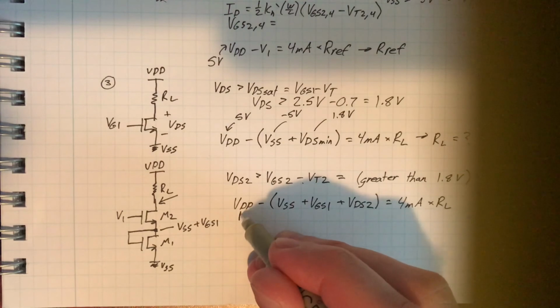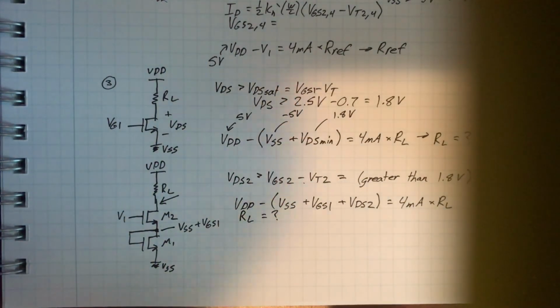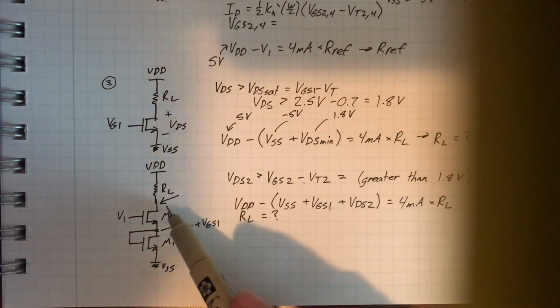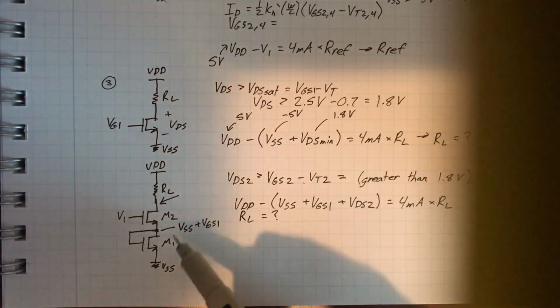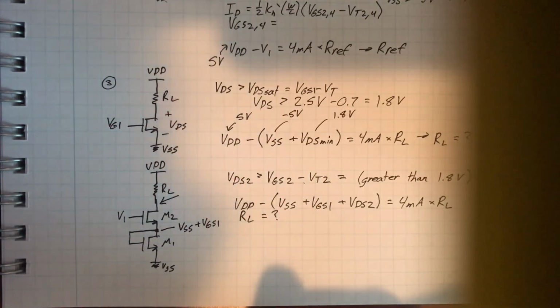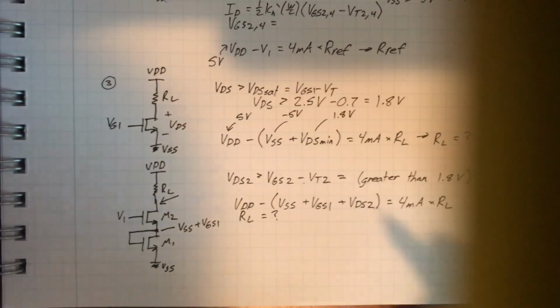And that will give you RL equal to some value. And that's the maximum load that you can handle before M2 will go into triode, because this node will drop too low. That's it for the prelab. Just have to do the simulations now to prove this theory is correct.